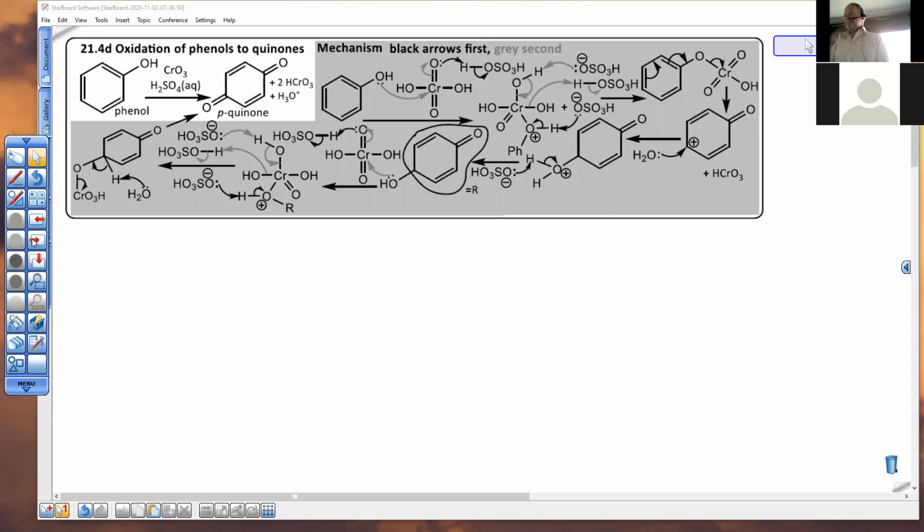This is one of my favorite mechanisms. It incorporates a lot of stuff that we've studied previously, and it's got our new stuff with aromaticity and things that aren't aromatic all of a sudden happening as well.